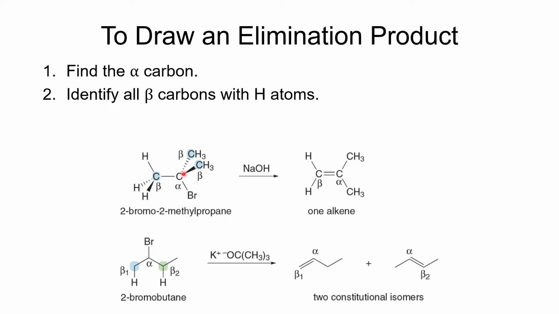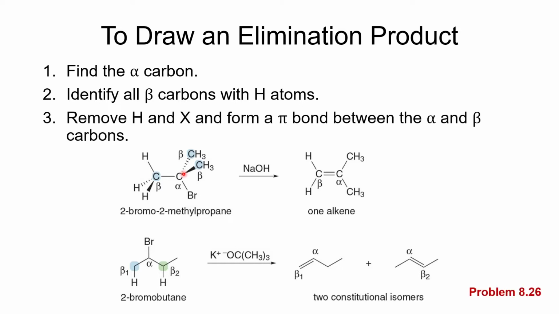All right. Then remove hydrogen and halogen and form a pi bond between the alpha and beta carbons. So in this case, we removed 1 hydrogen from the beta carbon and the halogen from the alpha carbon, and we formed this new pi bond between the alpha and beta carbon.